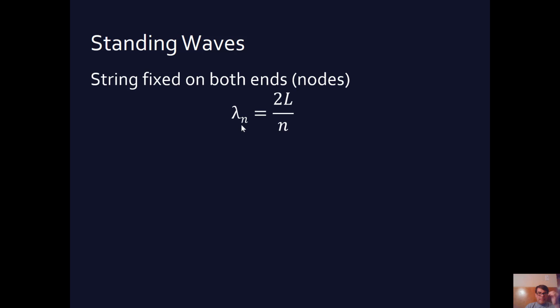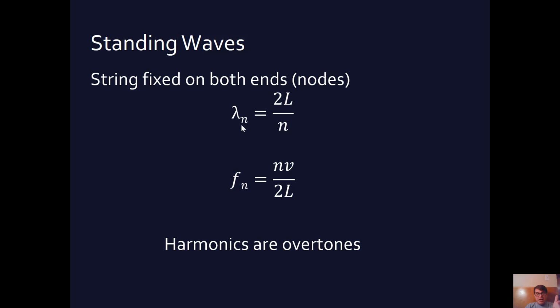Actually, I think it's evens for this. But anyway, okay. And then the frequency is just that flipped. So these equations can be used if you have a string that is fixed on both ends. Harmonics, again, are the overtones that you get by plugging in more than just one.